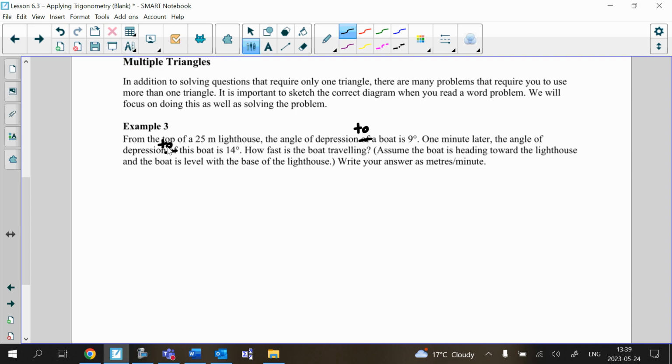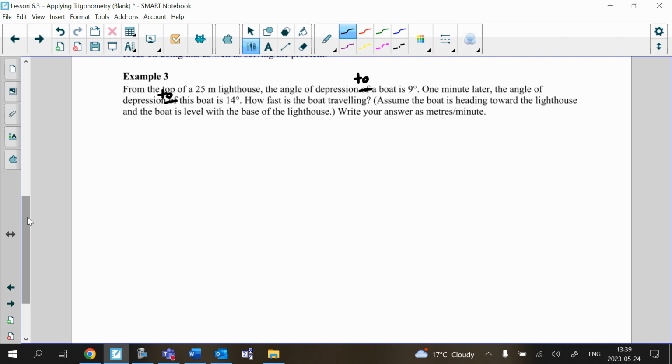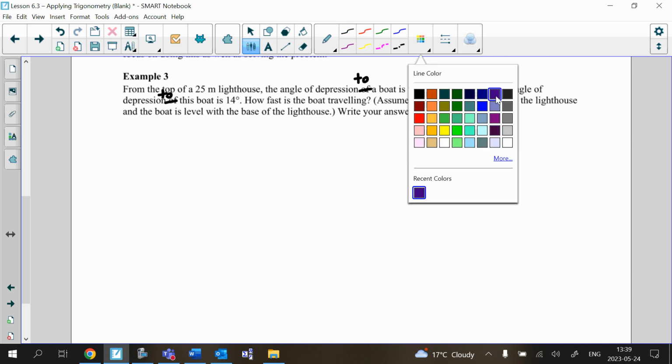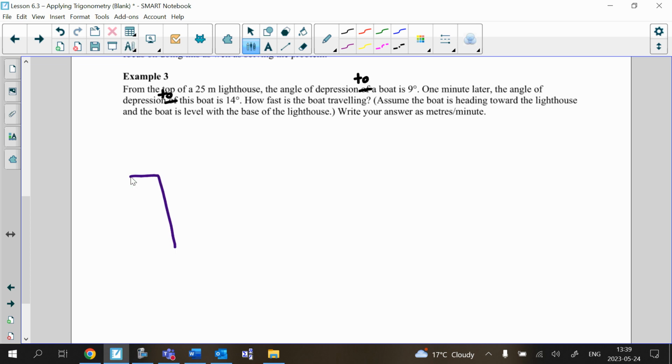So again, we have to draw a diagram of this situation. So let's get our lighthouse. Here's our little lighthouse.